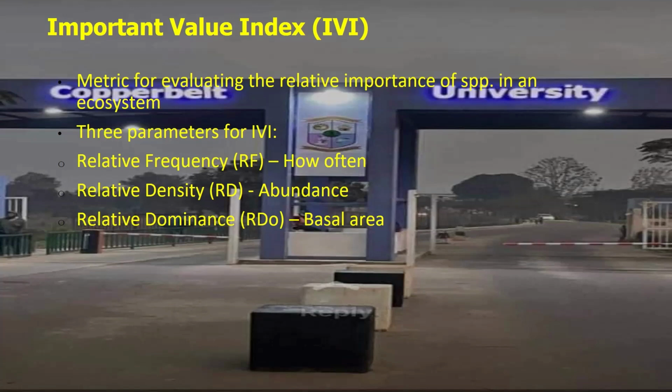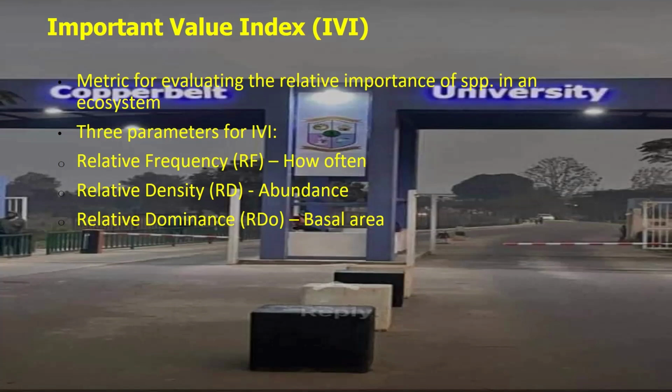Then we have relative density. With relative density, we are looking at the abundance of species relative to the size of an area, okay? So here we want to see how densely populated that species is relative to all other species.